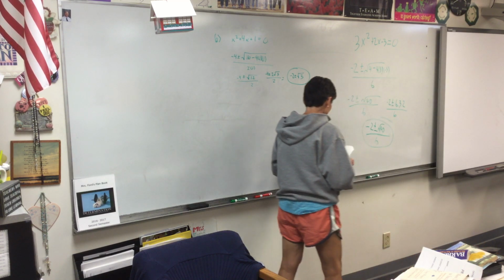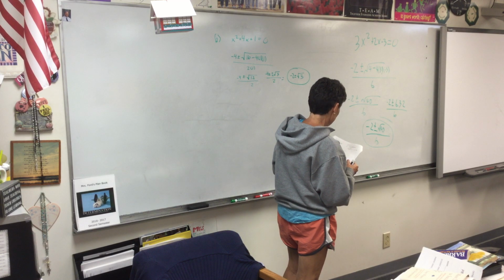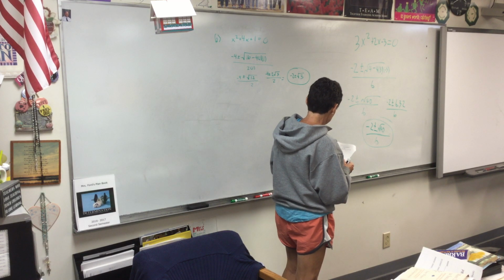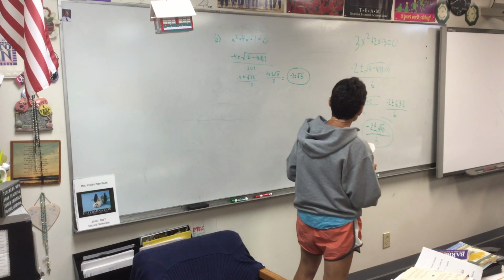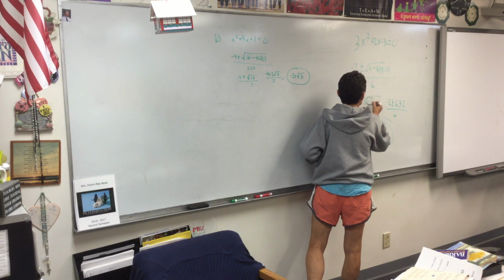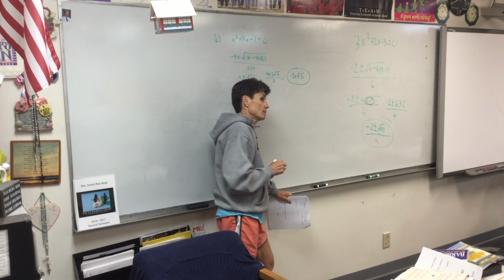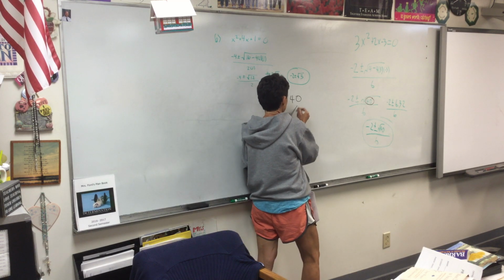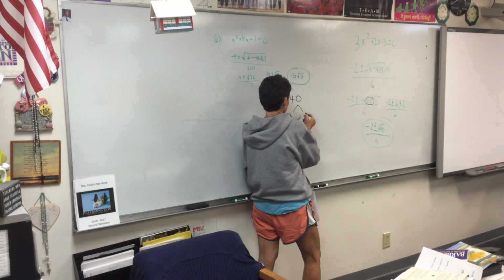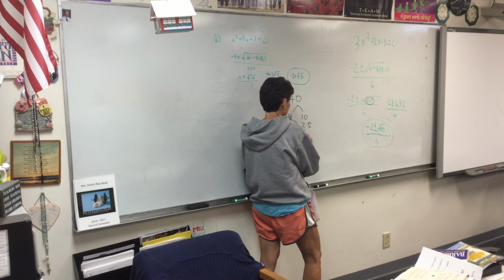You are right, except for, what about root 40? If we're going to leave things as a radical, 40 will actually break down into 4 times 10. So that would be 2 root 10.